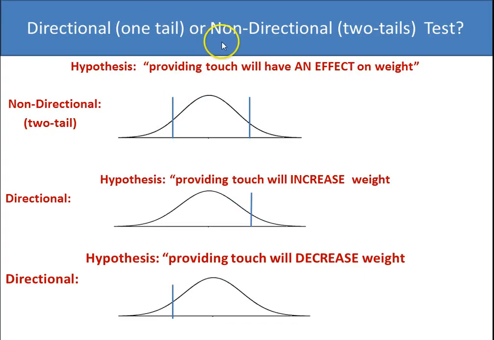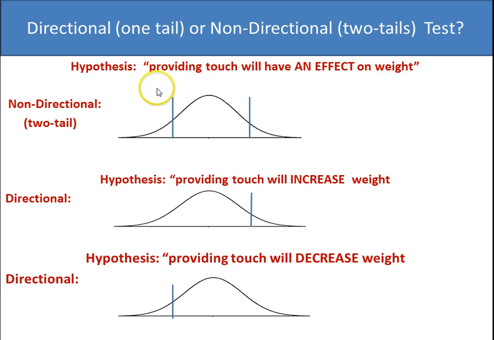Another thing that we need to know after we know which test we're doing, in this case a z-test, is whether we're going to run a directional one-tail hypothesis test, or z-test, or a non-directional two-tail z-test.